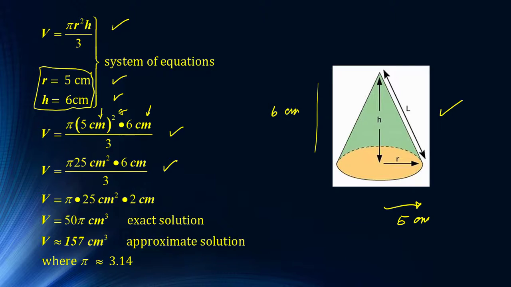This next step, we do some simplification. We square 5 centimeters, the whole quantity, the 5 and the centimeters. 5 squared is 25. Centimeters squared is centimeters squared. And then we multiply that by 6 centimeters.